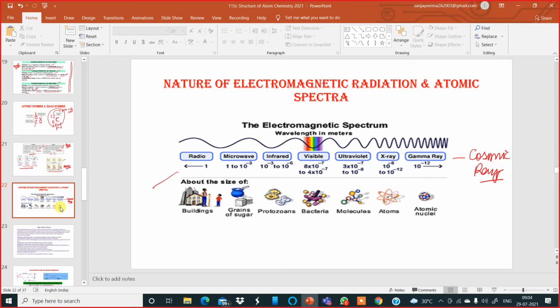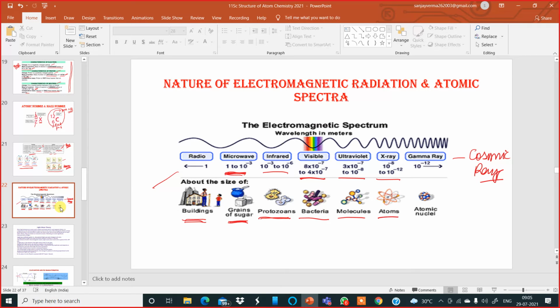If you look at the left hand side, radio waves have the size of buildings. Microwaves, between 1 and 10 to the power minus 3 meters, have the size of grains of sugar. You know what sugar is, you add it in tea to make it sweet. So size of sugar grains, microwave. Infrared radiations are the size of protozoans, bigger than bacteria. And the visible spectrum, visible light, is the size of bacteria. Ultraviolet light, size of molecules.